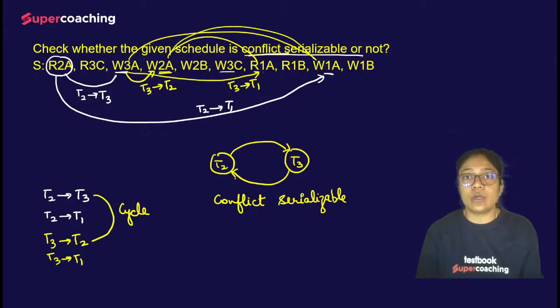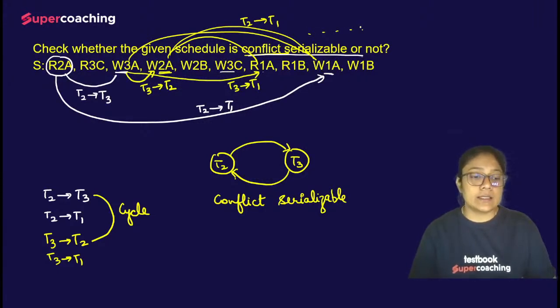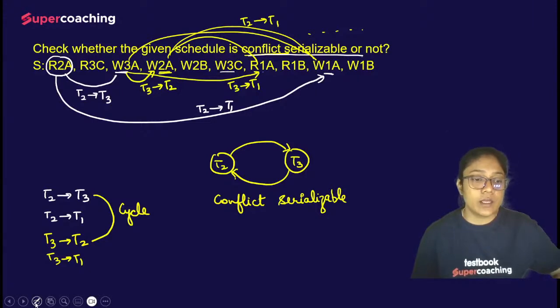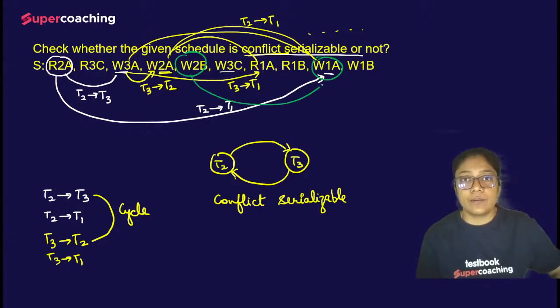So T2 to T1 is also coming up, which is already considered. Like this, you can find all the possible conflict pairs. All right, comfortable? T2 to T1, I'm so sorry. T2 to T1.